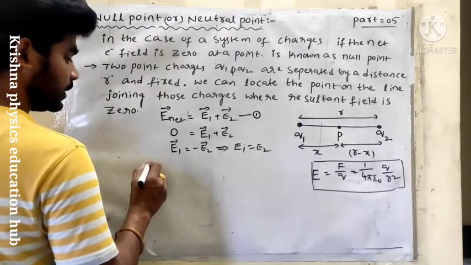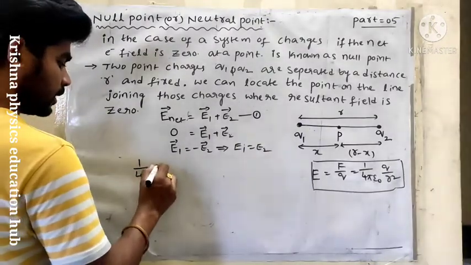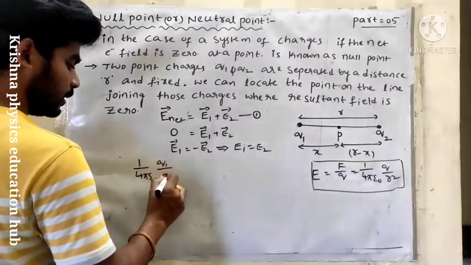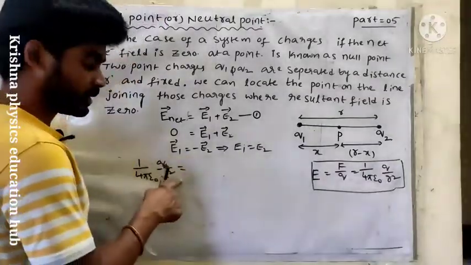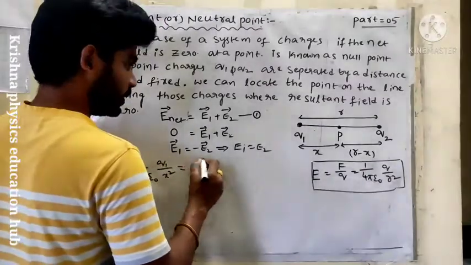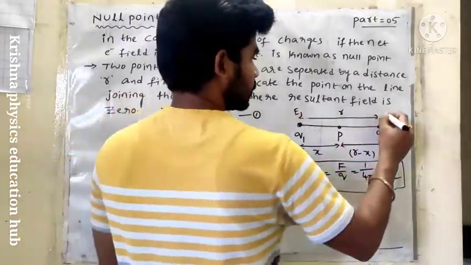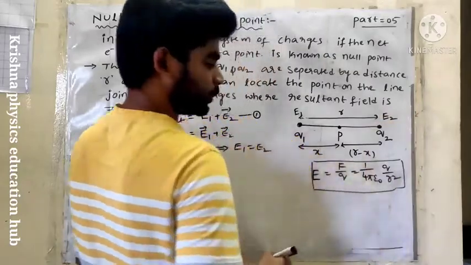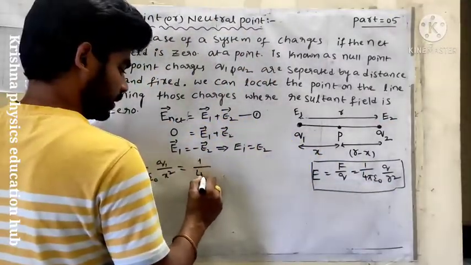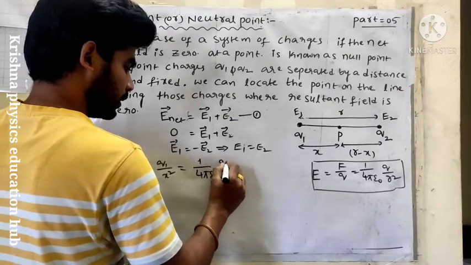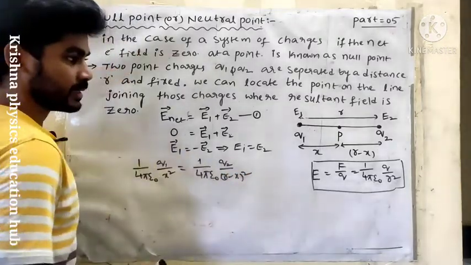E1 means 1 by 4 pi epsilon naught q1 by x square, which is equal to E2, for the q2 charge: 1 by 4 pi epsilon naught q2 by the distance, which is r minus x. So in the E1 case the distance is x, and in the E2 case the distance is r minus x.